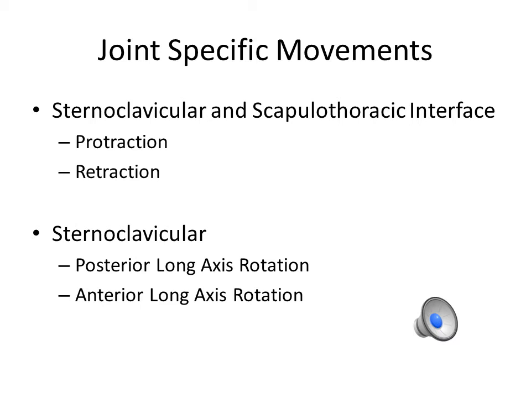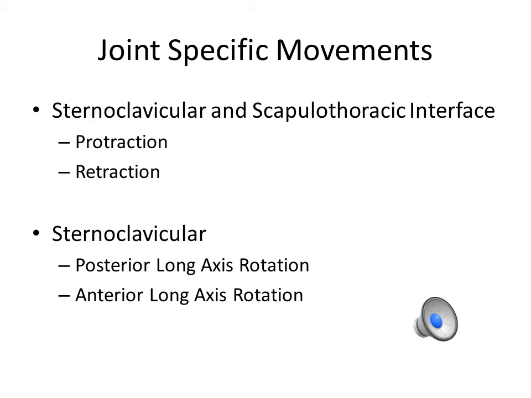Protraction at the scapulothoracic interface is the anterolateral movement of the scapula on the thorax. Because of the contour of the ribs, these movements do not occur in a single plane, but are multiplanar and multiaxial movements.